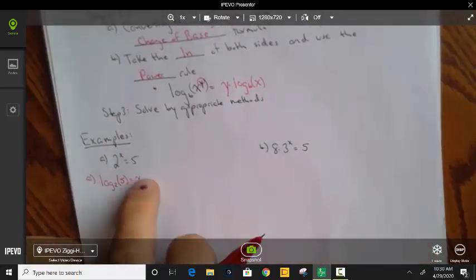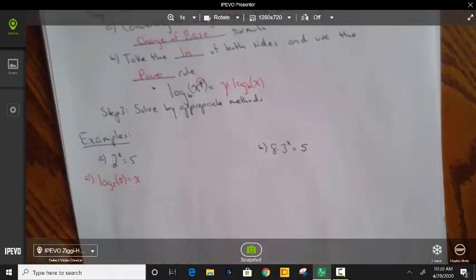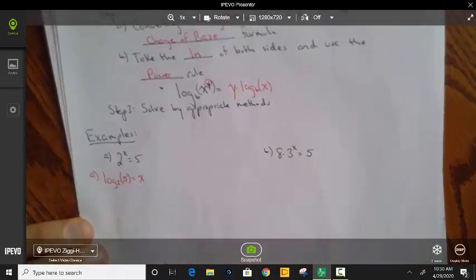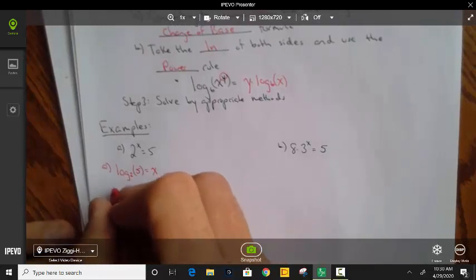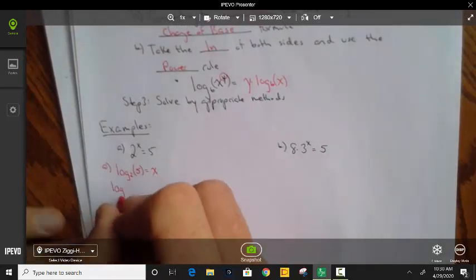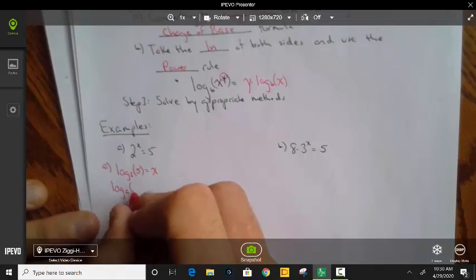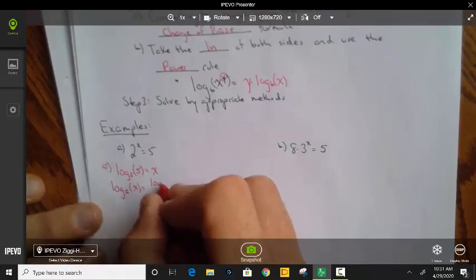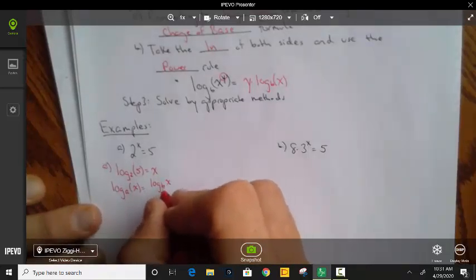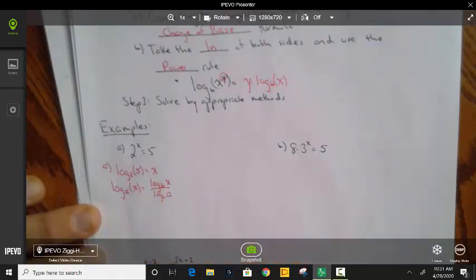And so we've got x by itself, but if we want to figure out what log base 2 of 5 equals, we've got to use the change of base formula. That change of base formula says this: if we have log base a of x, this can be changed to log base b of x divided by log base b of a.